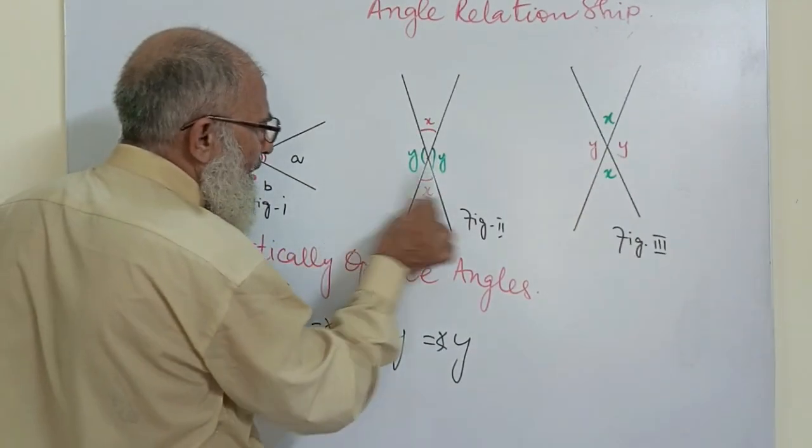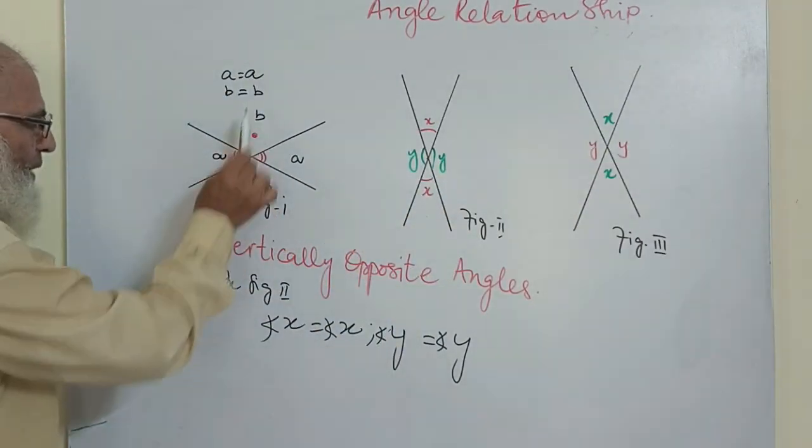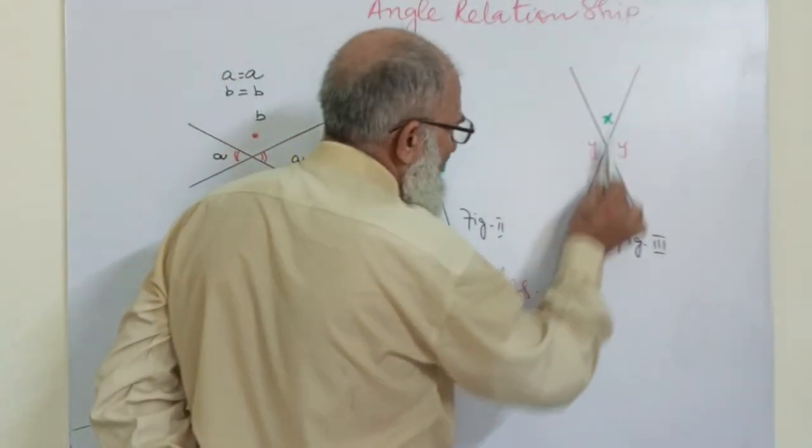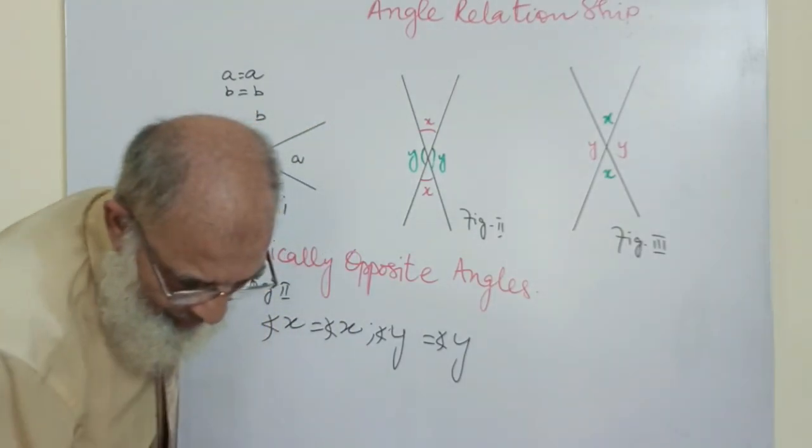X is equal to X, Y is equal to Y, A is equal to A, B is equal to B, and here again Y is equal to Y and X is equal to X.